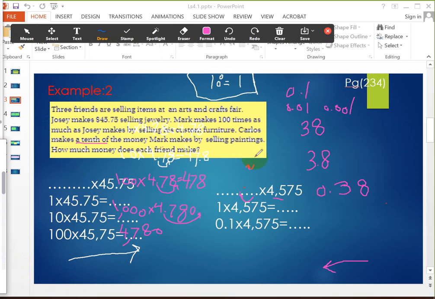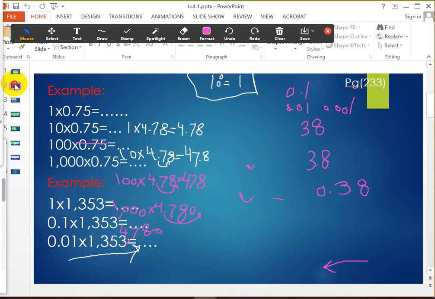Type your question on the chat. Okay? Type your question quickly, because we have 1 minute to answer your questions, all of you. Which example? Example 1, this one, Ragad. This one? This one? You want me to repeat it?